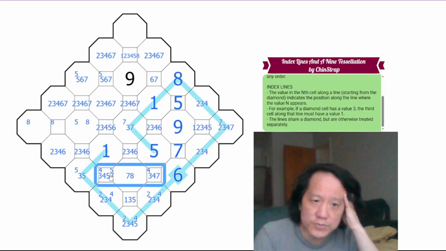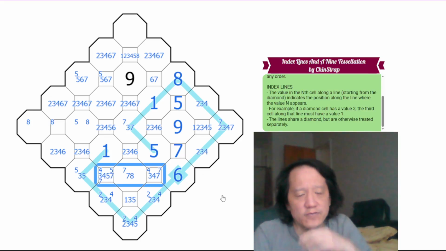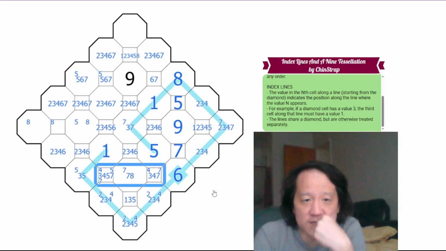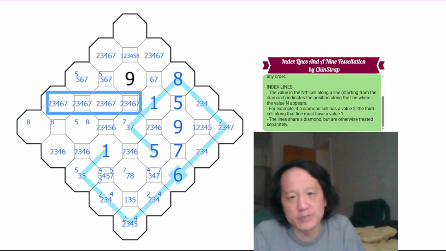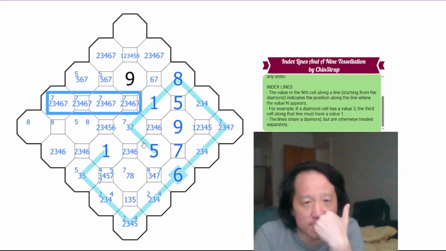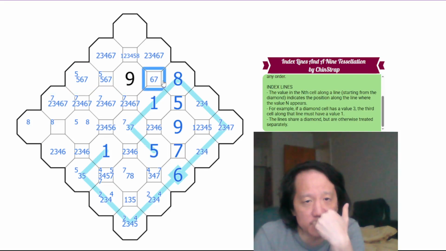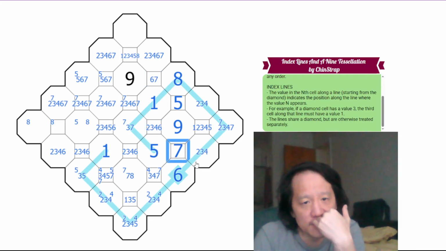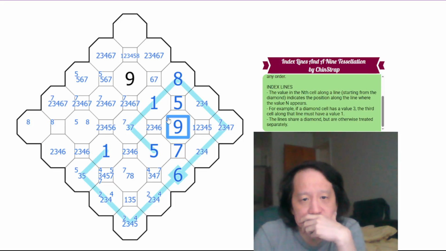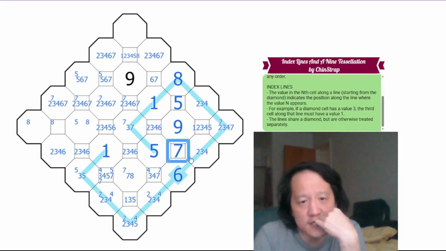One of these 3 is guaranteed to be a 7, but that doesn't really tell us much. One of these 4 is guaranteed to be a 7, but that doesn't tell us much. One of these 3 is guaranteed to be 7. That still doesn't tell us much. 1, 5.